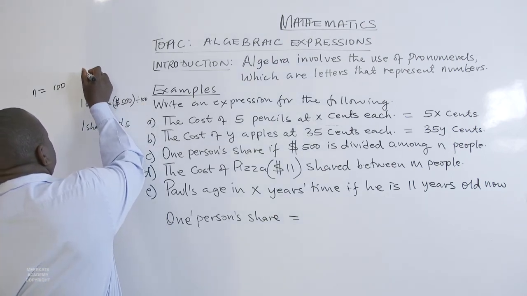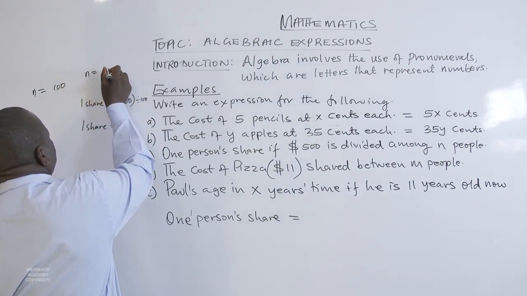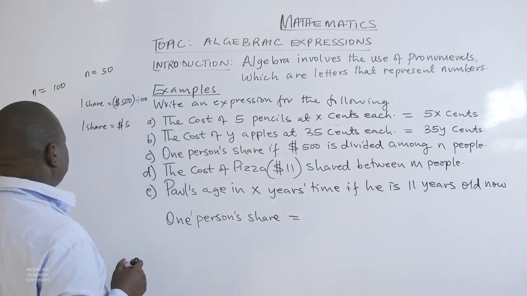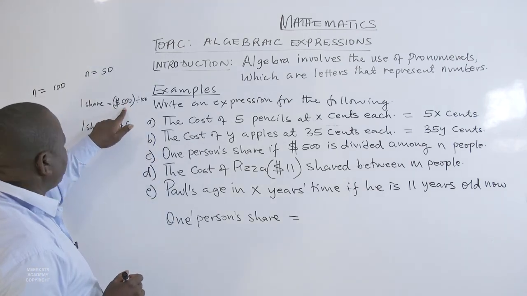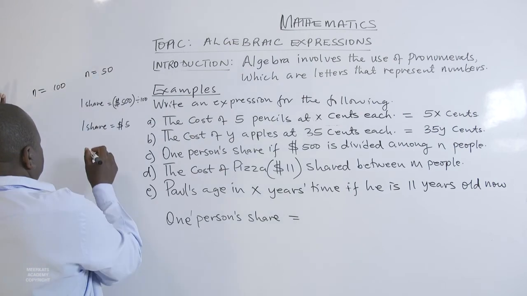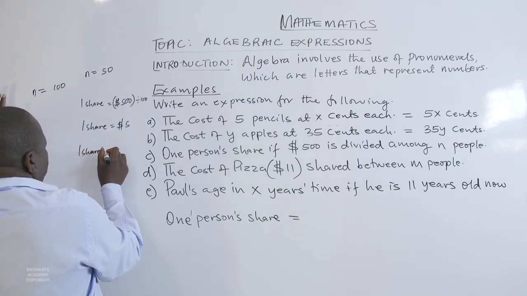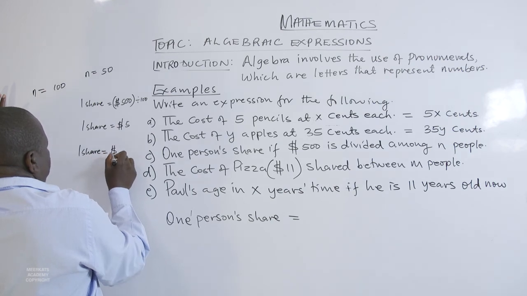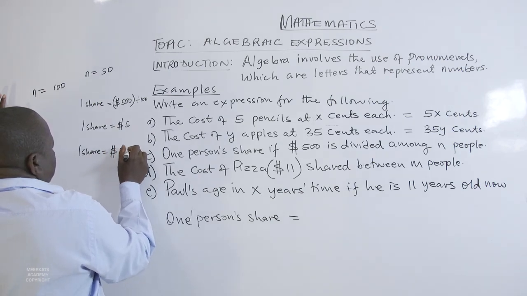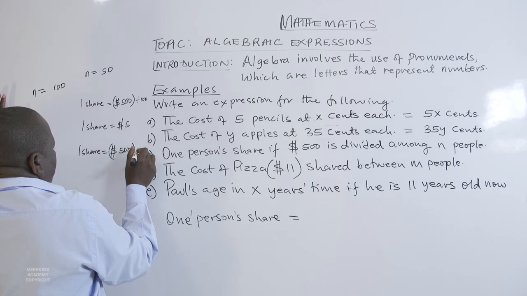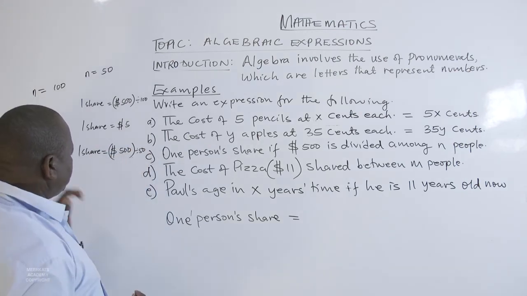Suppose n is equal to 50 people, and we have $500 to divide between 50 people. That will be one share equals $500 divided by 50 persons.